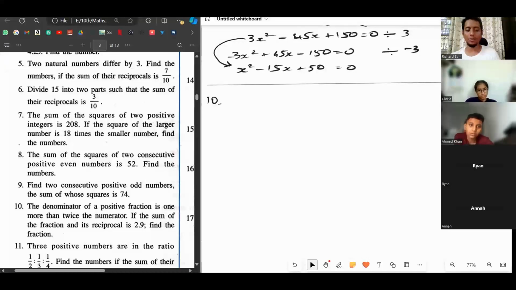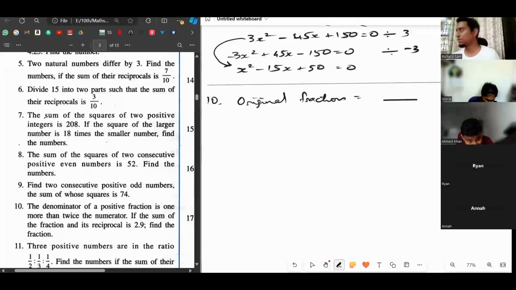The denominator of a positive fraction. So there is a fraction. Okay, so the original fraction we'll write. As I'm writing, you think and tell me what I should write. Fraction means you have a numerator and denominator. What do we know about this fraction? Okay, it's positive.